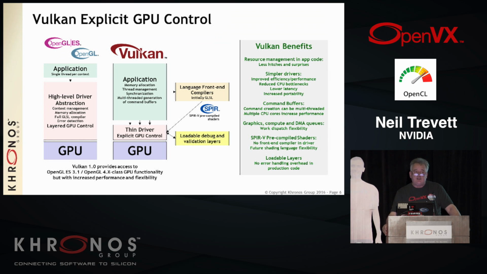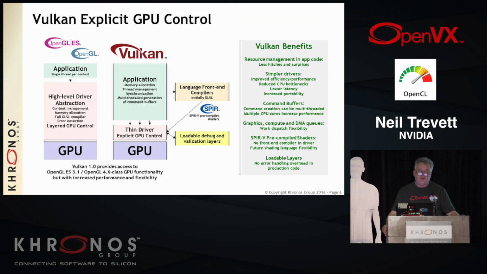But if you know what you're doing and you're trying to get the best and avoid surprise glitches and hitches as memory gets allocated, you end up trying to forensically outguess what the driver is going to do. And so we had this weird situation where the driver vendors were trying to outguess the application vendors and vice versa. And in the end, hey, why don't we just let the application developers and engine developers who really know what they're doing just get to the GPU and do their own thing.